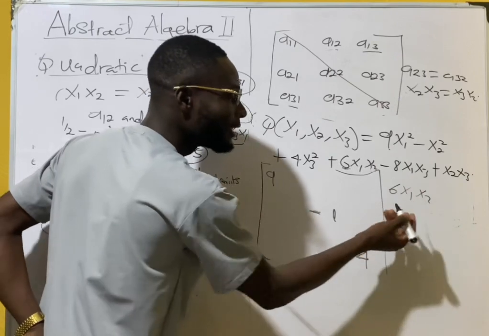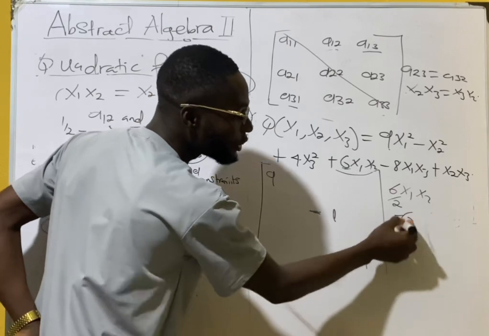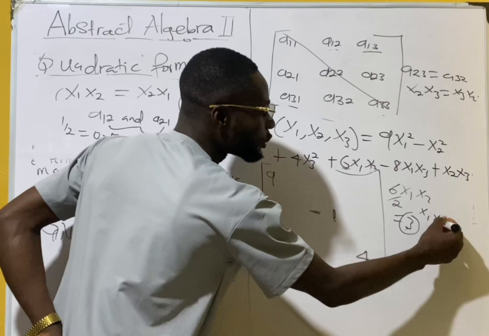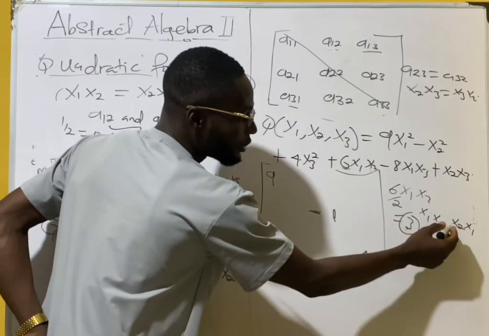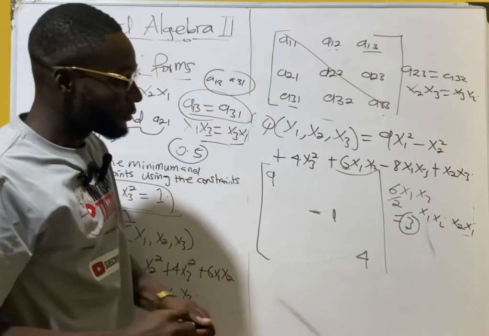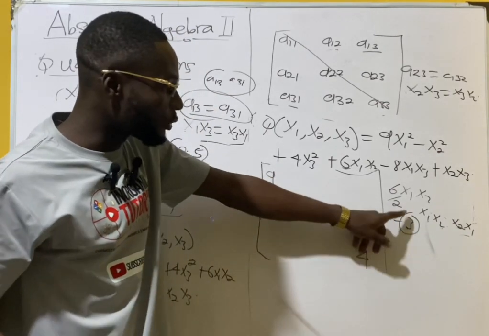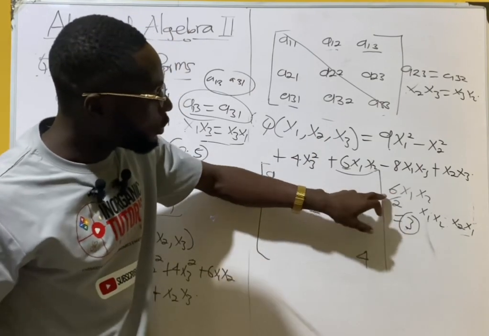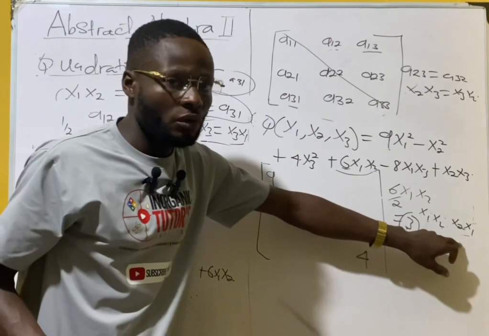So we divide 6 by 2, and we have 3. We share this 3 between x1x2 and x2x1, because x1x2 and x2x1 are the same. So we share the coefficient that it possesses between both.